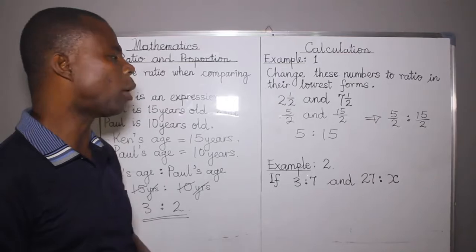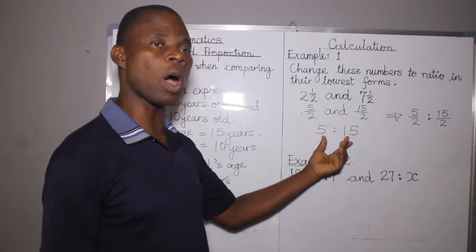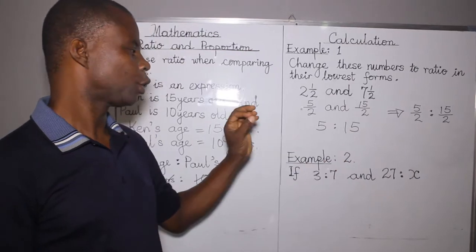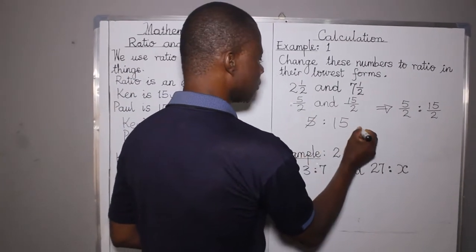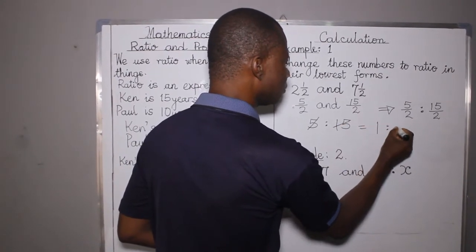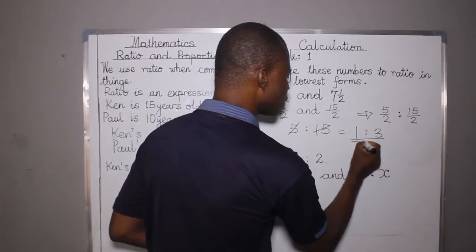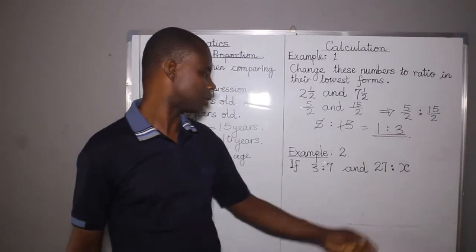And because there's a common factor that goes into 5 and 15, we reduce them to the lowest terms. 5 gives 1, 15 gives 3. Final answer, 1:3. And that is the answer.